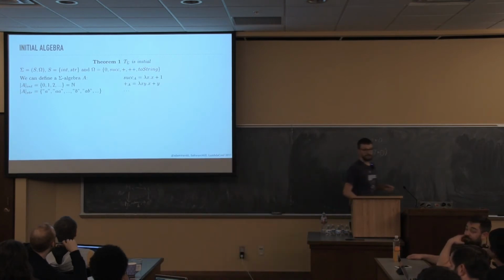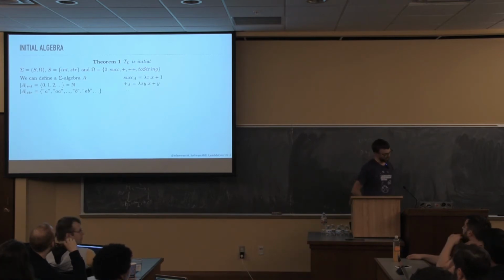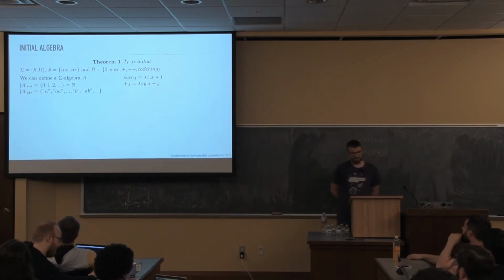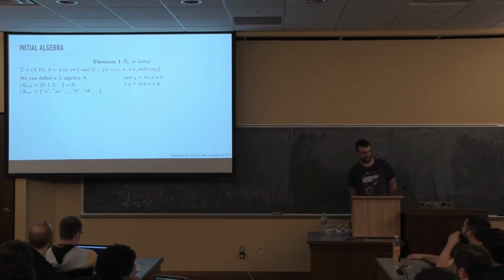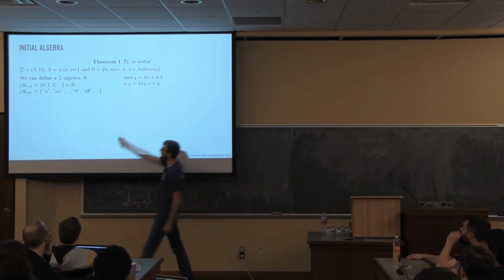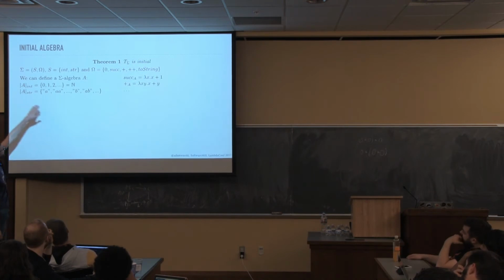Can I ask a question? Yeah. Why is 0 an operation? Is it related with ints? Well, it's just a name. It's a suggestive name, but it can be anything, right? We can interpret it any way we want. Here we have defined a specific interpretation of the signature.